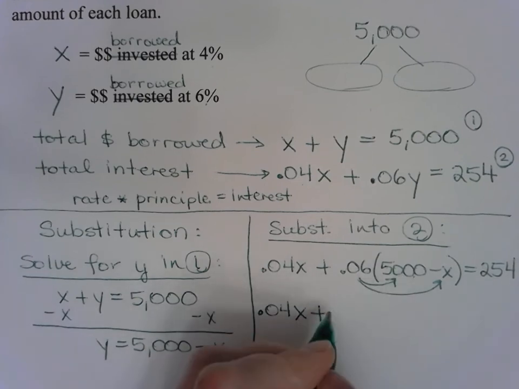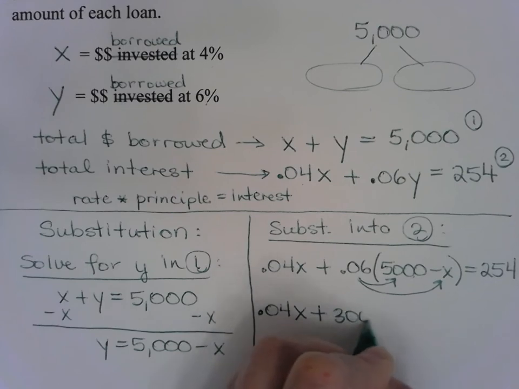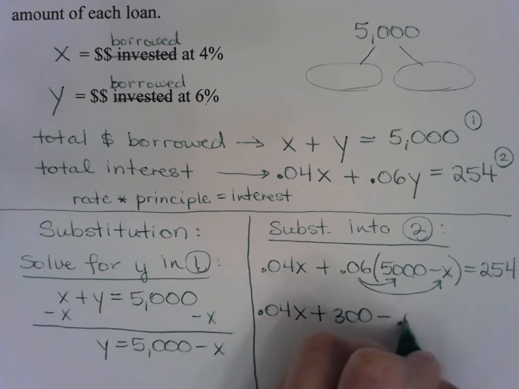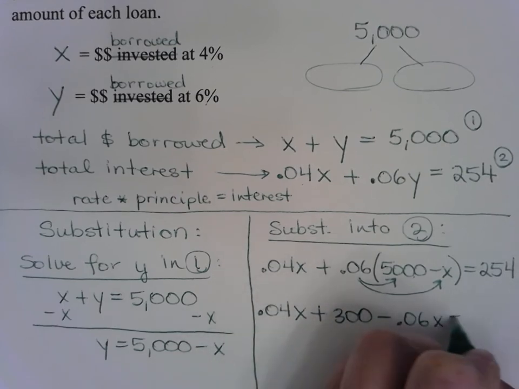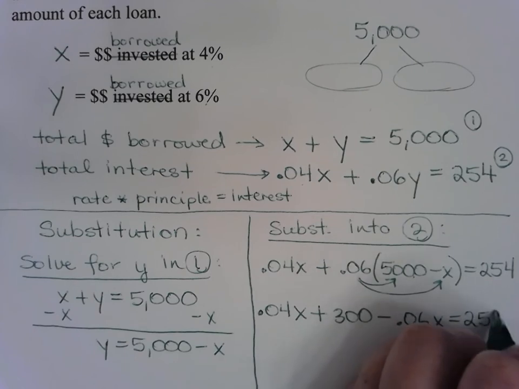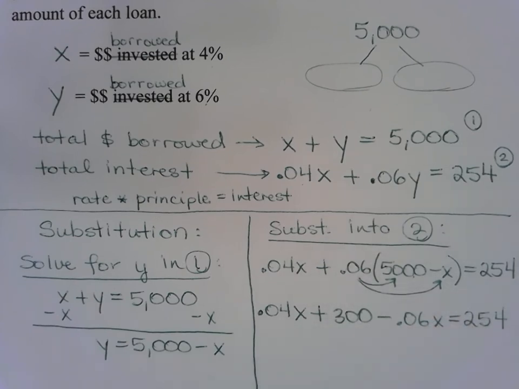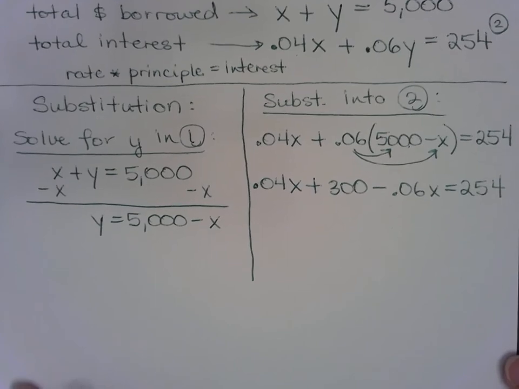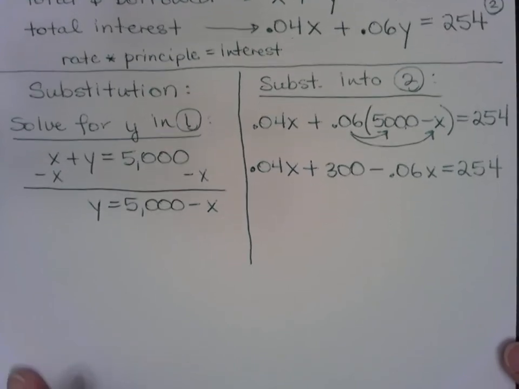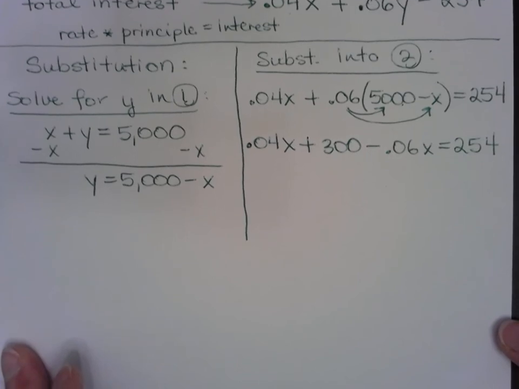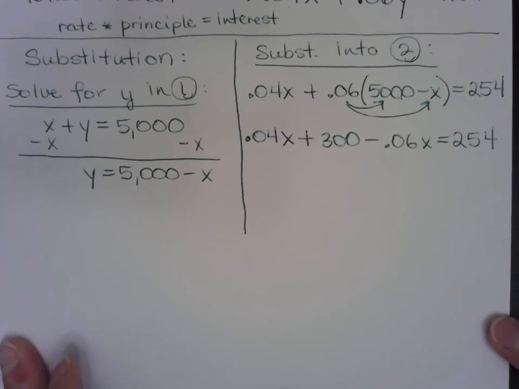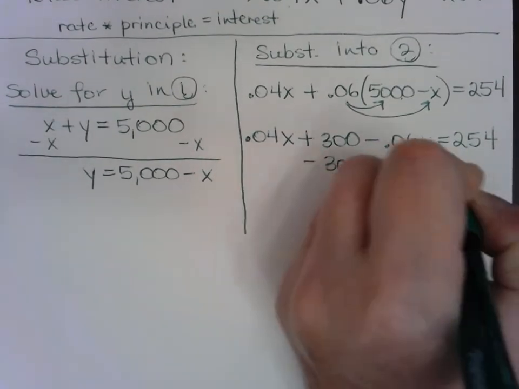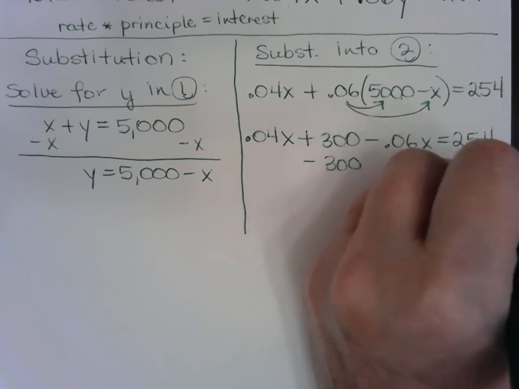I think this is going to be 300. Okay, and then I am going to combine my x's and subtract this 300 over to the other side.